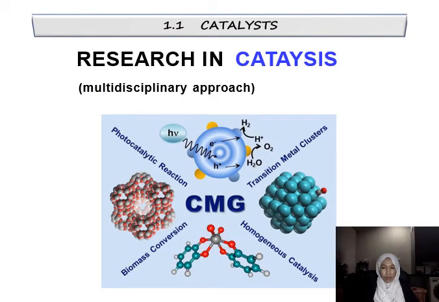Okay, let's look at some of the research that involves catalysts. So we call these research in catalysis. Some of the research areas are photocatalytic reactions.